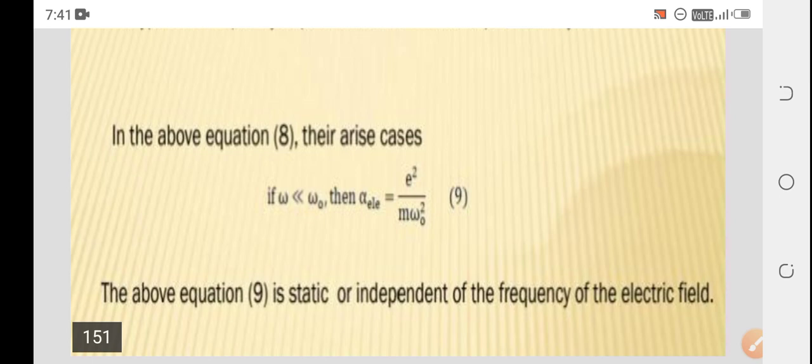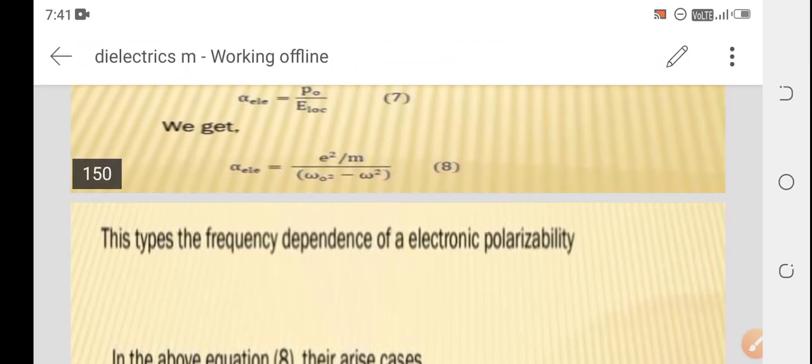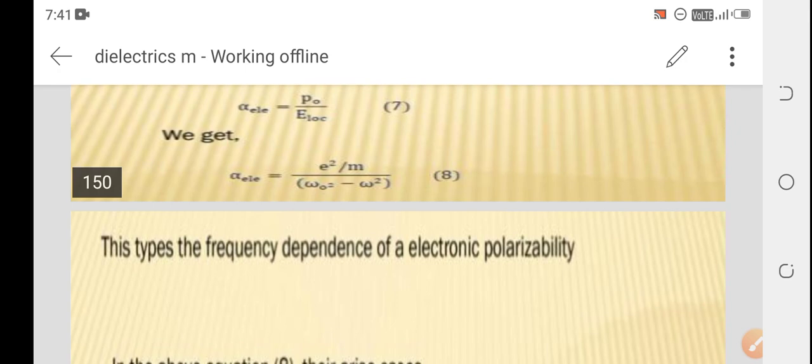Equation 9 is static, that is, independent of the frequency of the electric field. So equation 8 is the classical theory of electronic polarizability: alpha electronic equal to e square by m into omega naught square minus omega square. So equation 8 is your answer.